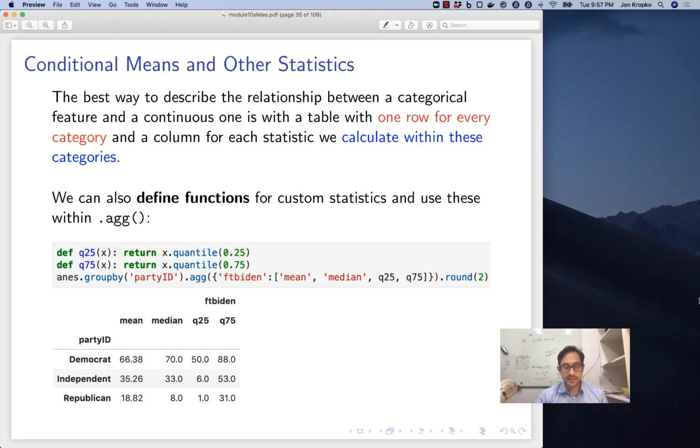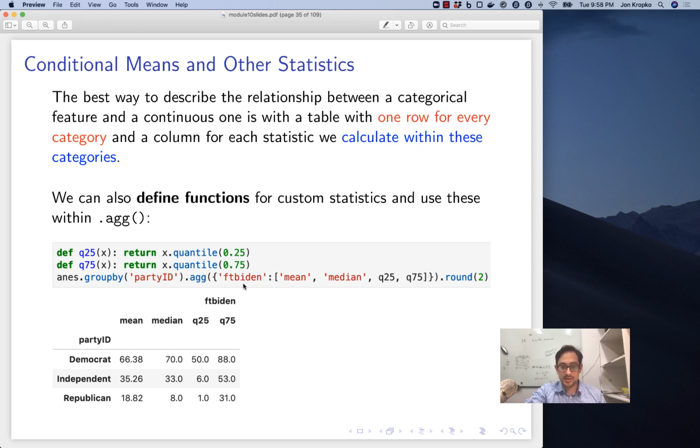In this particular example, I defined two new functions. One just returns the 25th percentile, and the other the 75th percentile. Then I apply to my data group by party ID. What that's going to do is give me one row for each of the party affiliations. And then I'm going to aggregate FT Biden.